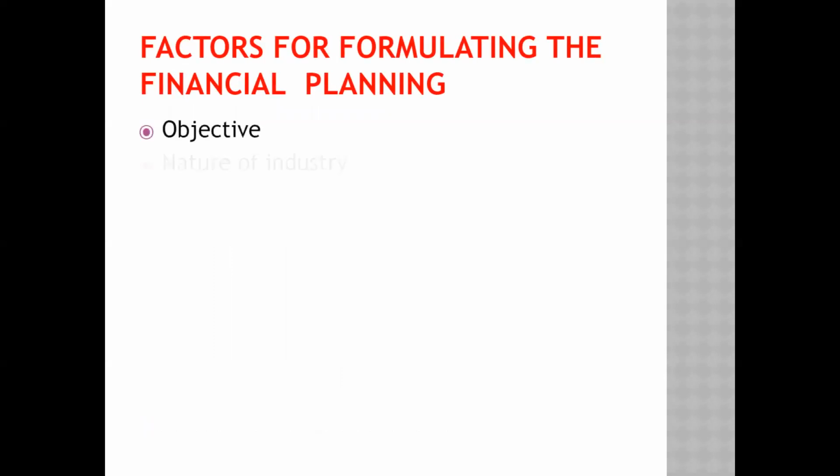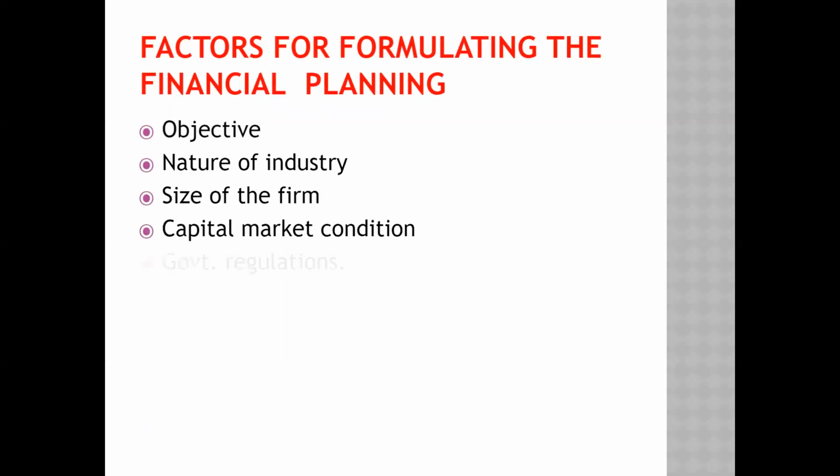Now, after this, I will tell you the factors for formulating the financial plan. When you are formulating the financial plan, what are the main factors we should consider? First of all, objective.